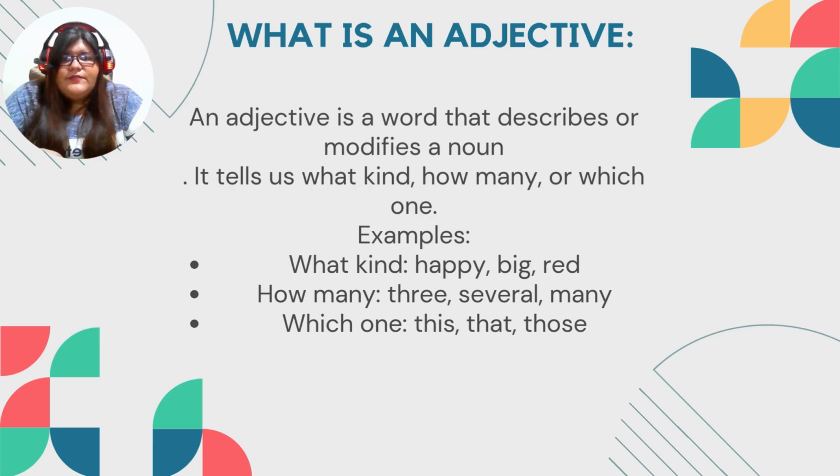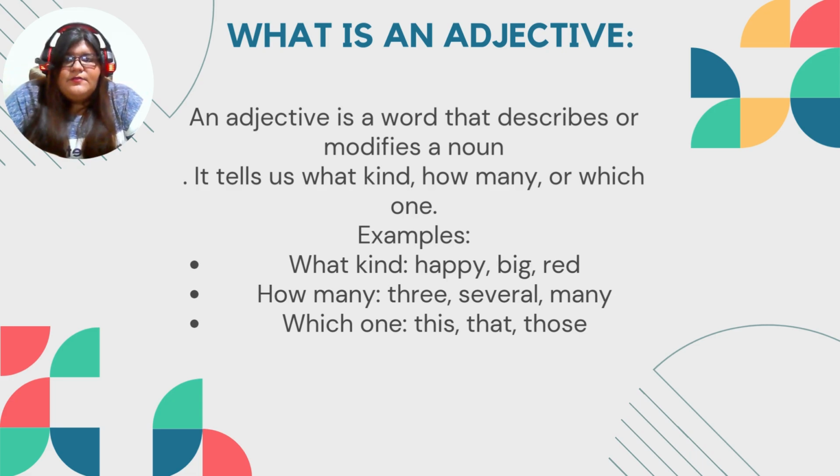An adjective is a word that describes or modifies a noun. It tells us what kind, how many, or which one. Examples: what kind? Happy, big, red. How many? Three, several, many. Which one? This, that, and those.